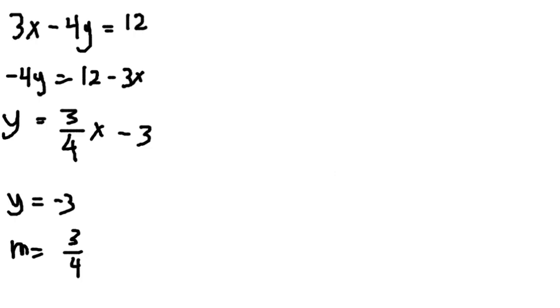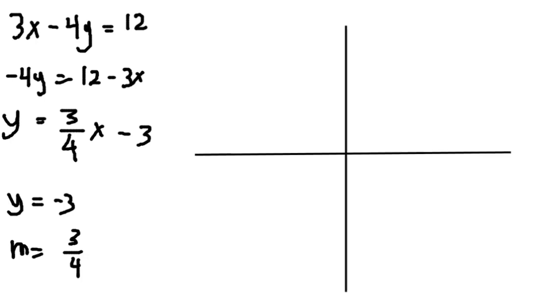Now we're going to draw the rectangular coordinate plane and plot the y-intercept. The y-intercept is going to be here, around this spot. Let's make a dot there and continue to plot numbers.